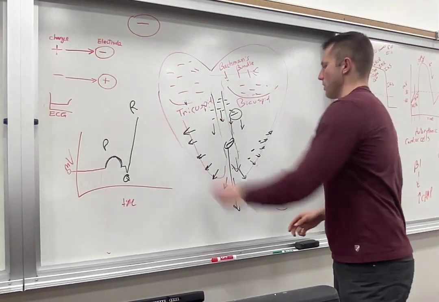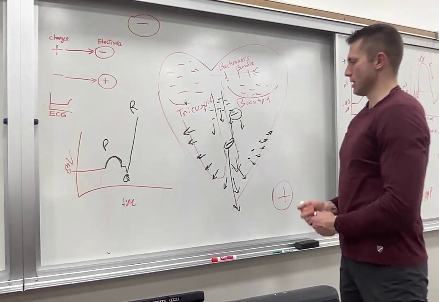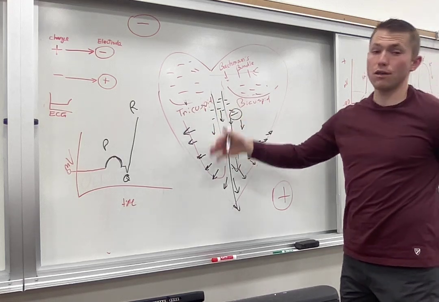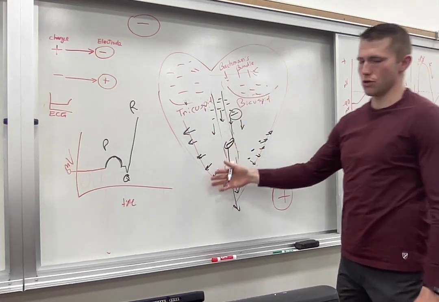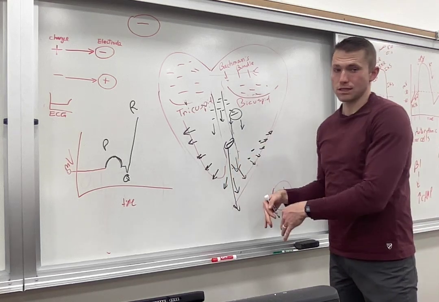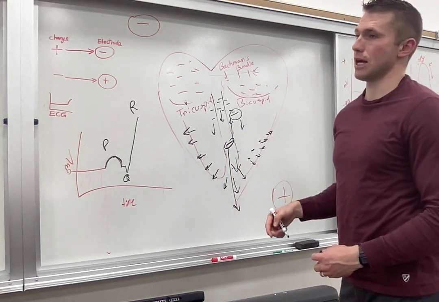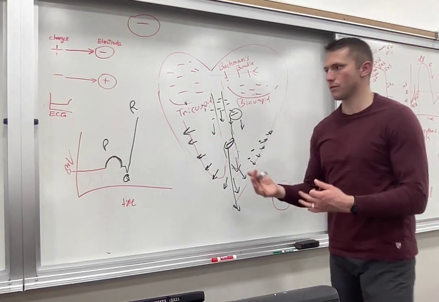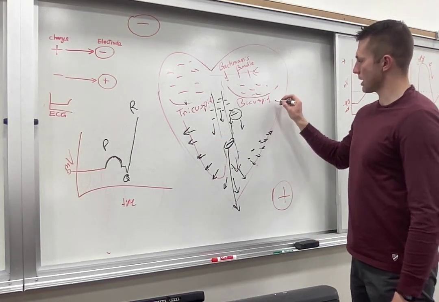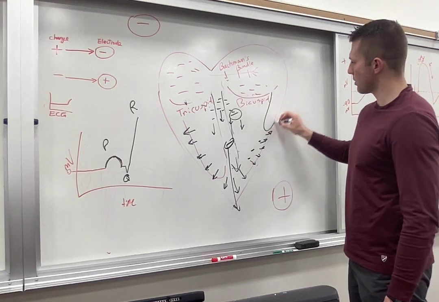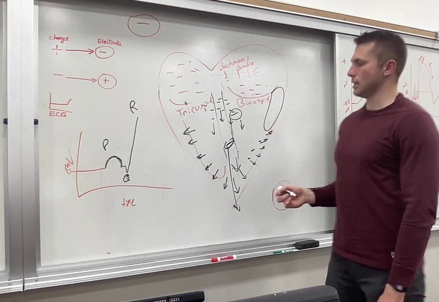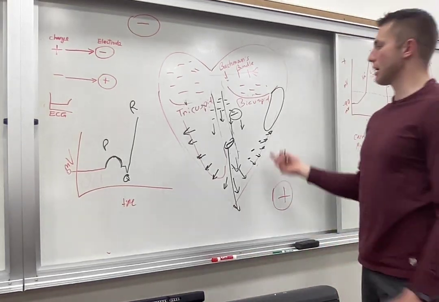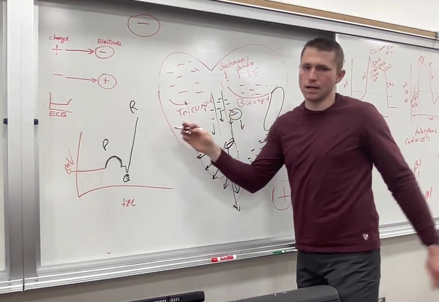Okay, we're at this point, and all of the ventricles are depolarized, meaning that the outside is negative and the inside of the cell is positive. So opposite of what's normally to be. But check it out. This part right here of the heart, the left superior ventricle, is a lot bigger comparatively than the right side.